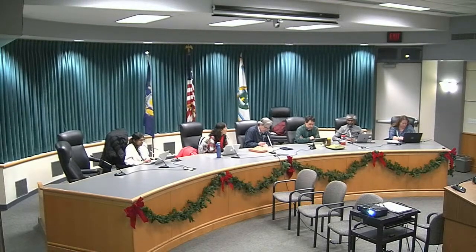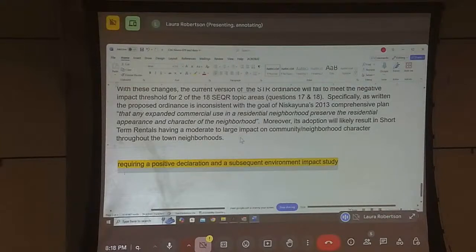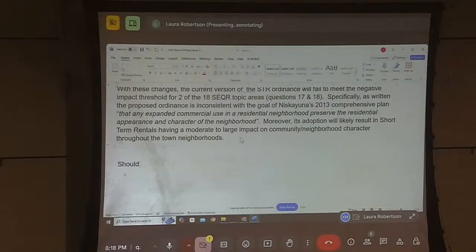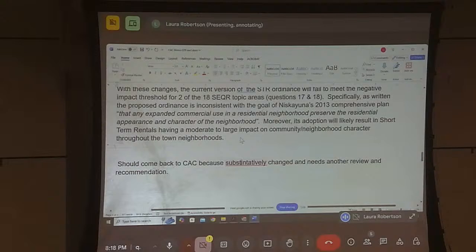To be honest with you, my first point is the reason it needs to come back here: it has substantively changed from when we saw it, and it requires a return to this council for another review, and leave it at that. The pluses and minuses of the points should be addressed when we do the SEQR again for the revised resolution, going through the questions.